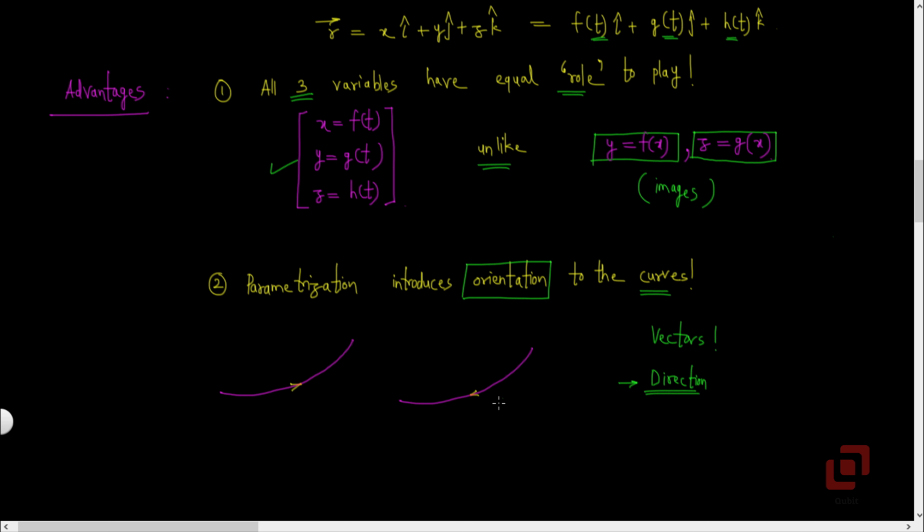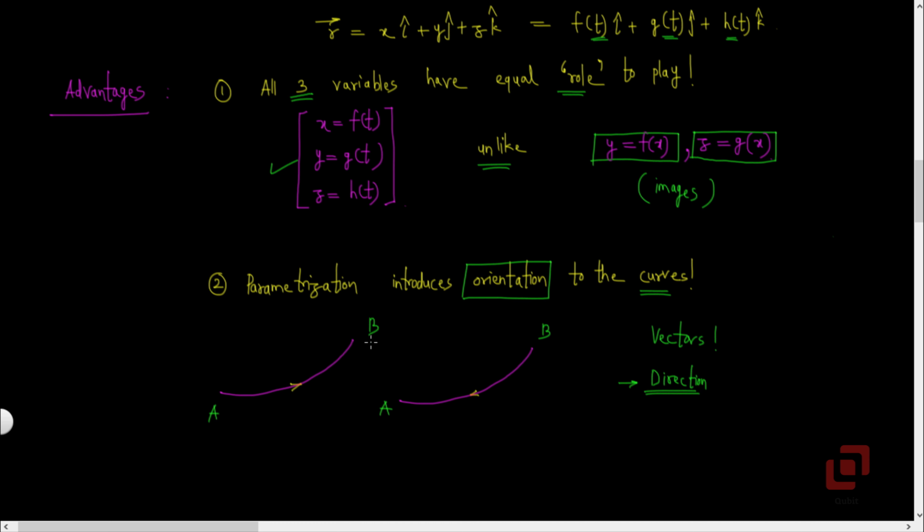In these two figures here, I have shown the same curve but with different orientations. If we name the vertices of the curve as A and B, then the first oriented curve is from A to B and the second oriented curve is from B to A. You may use the analogy of a highway connecting two cities.